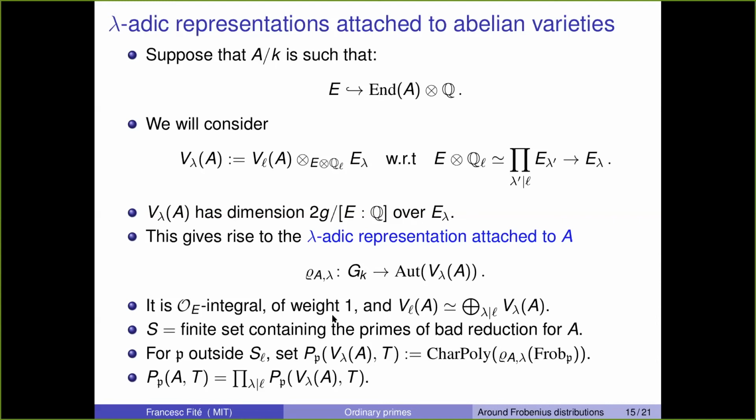I will denote by P_P of V lambda the characteristic polynomial of the image of Frobenius by the representation rho lambda. And then the G_K equivariant isomorphism between V_L and the sum of V lambdas translates into the fact that the characteristic polynomial of Frobenius factors as this product of the polynomials P_P of V lambda.